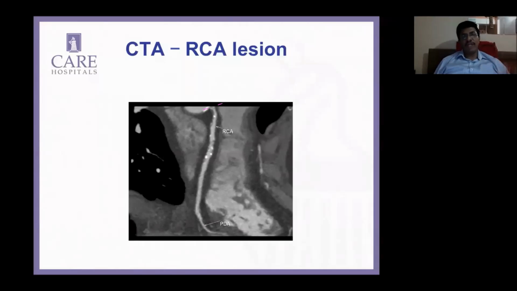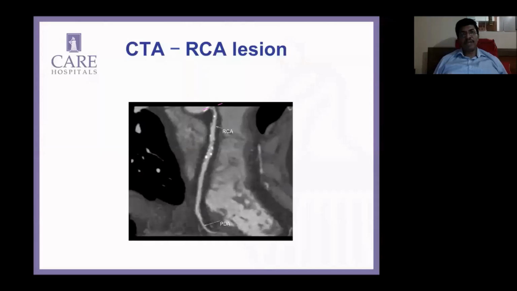Just sharing data with you, from the 1 year post bypass CT data, the vein grafts are coming to somewhere around 55 to 60%, and the radial graft being around 70.